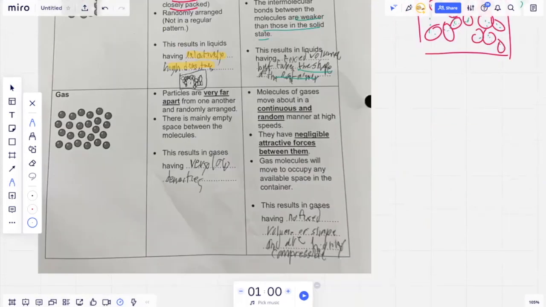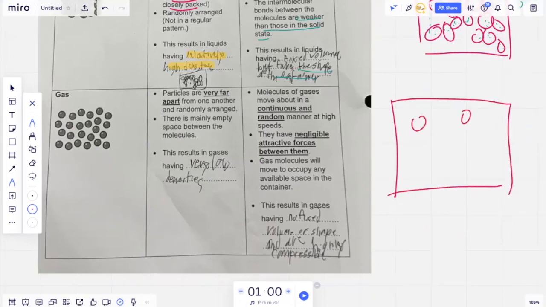Then the last part is gases. In gases, the particles are very, very far away from each other. Because they are very far away from each other, there is a lot of space in between.